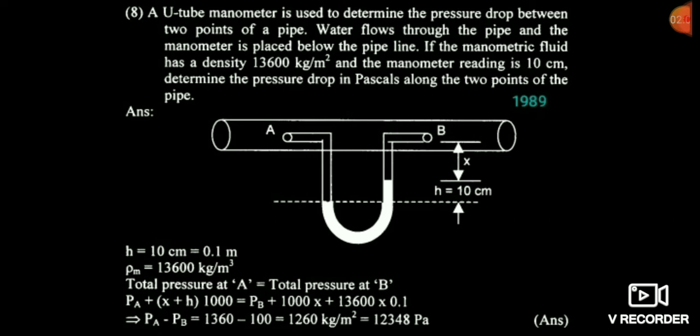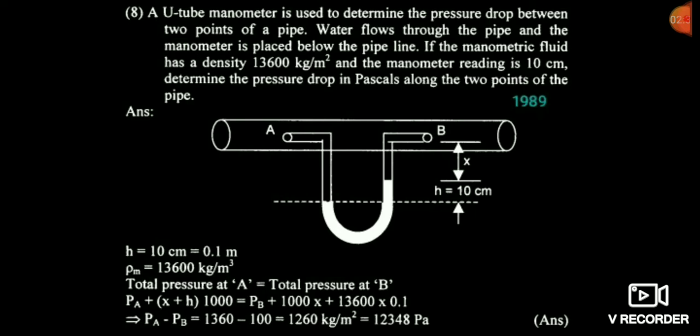Means the total height is H plus X and only water is present, that's why we consider only the density of water, 1000. This is equal to the total pressure at point B, PB plus 1000 into X, because you can see that the height X is filled with water and the height H is filled with mercury. So 1000 into X plus 13,600 into 0.1. 0.1 means 10 centimeter.